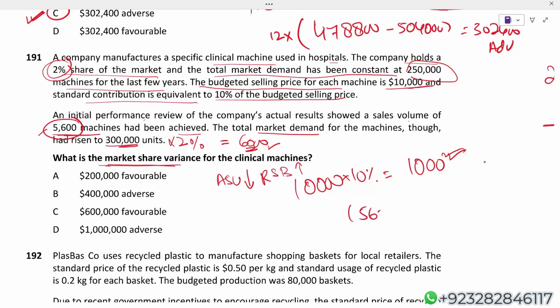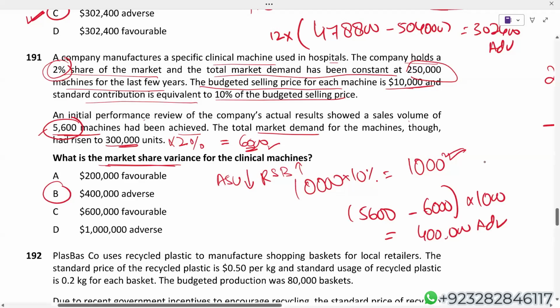So 5,600 is your actual sales units. I will compare this with the revised budgeted units, which are 6,000, into 1,000. So we are getting 4 lakh adverse. Kindly check, students, yes or no. Everyone check this.